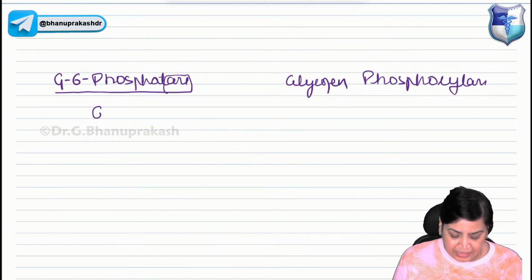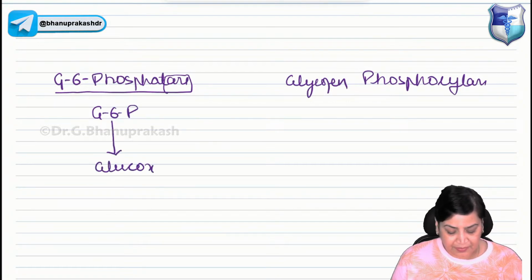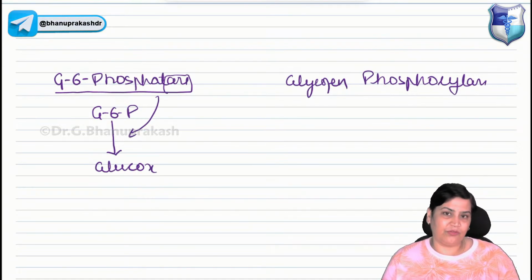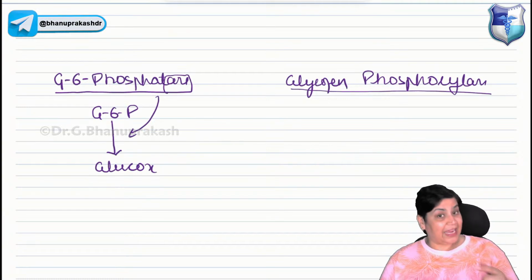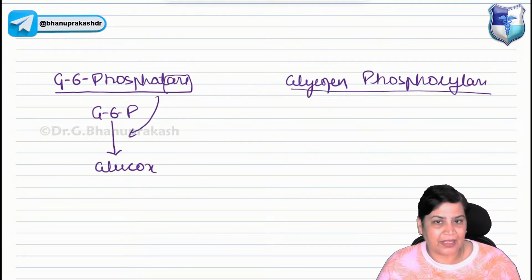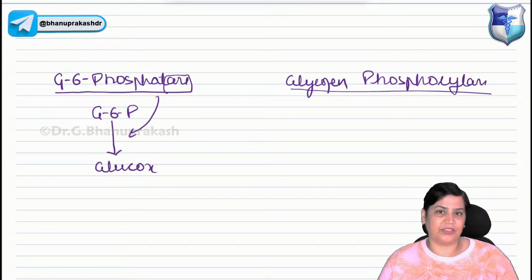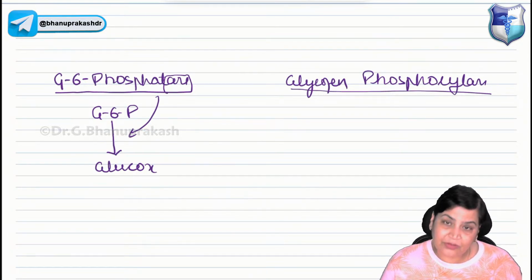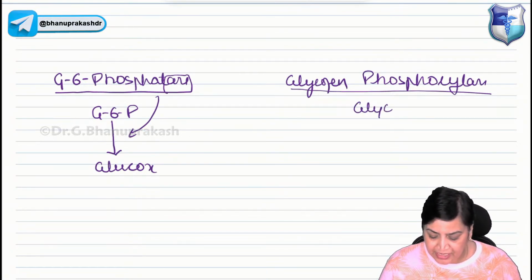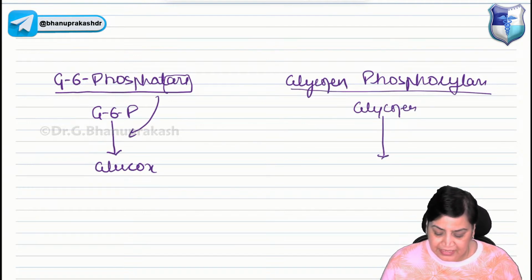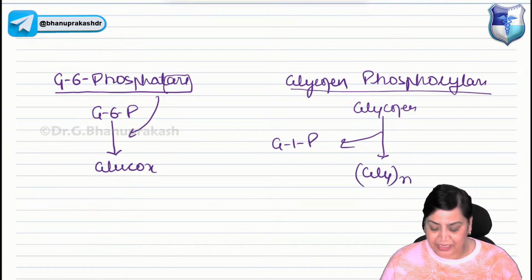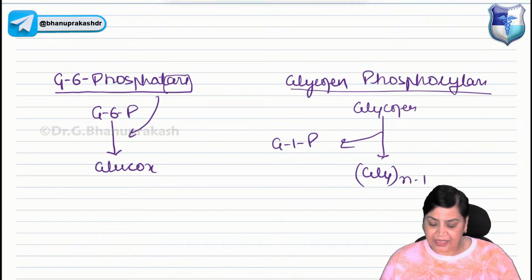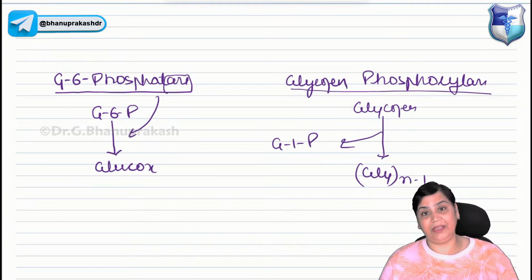So glucose 6 phosphate will be converted into glucose. This enzyme has eaten phosphate. If we talk about glycogen phosphorylase, it also eats phosphate, but here the product is with phosphate. So if glycogen phosphorylase acts on glycogen, the product is always glucose 1 phosphate and glycogen will be N minus 1.